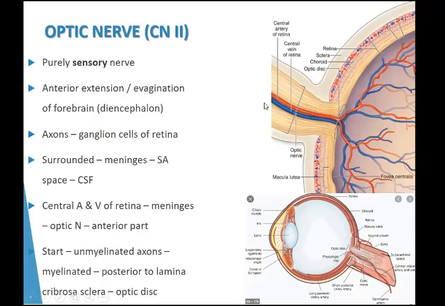And since it is an extension of the brain, it is surrounded by the meninges from outside in. This is the dura, arachnoid, ये pia mater है, this is the optic nerve. Between the arachnoid and pia mater is the subarachnoid space, और subarachnoid space में you have cerebrospinal fluid, जिसको हम CSF कहते हैं, ठीक है?